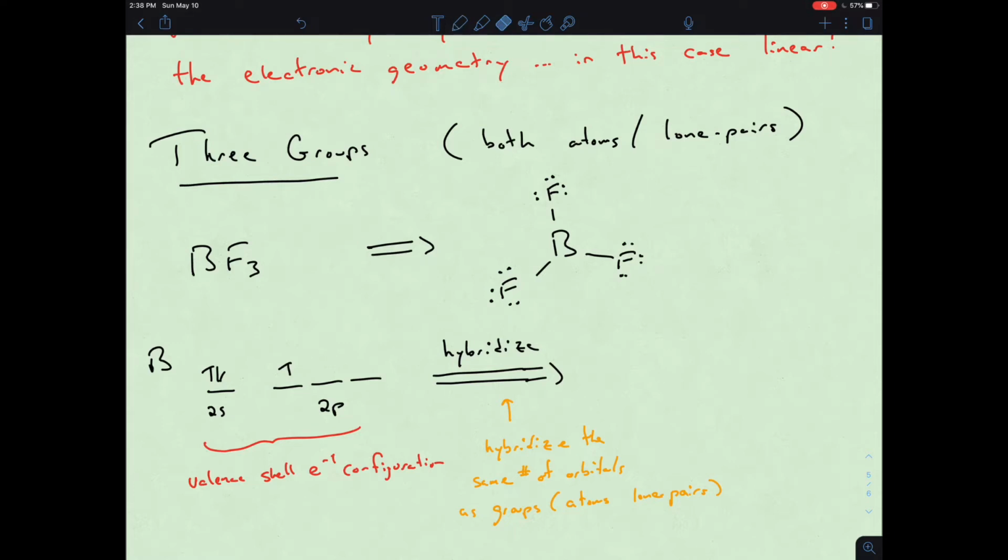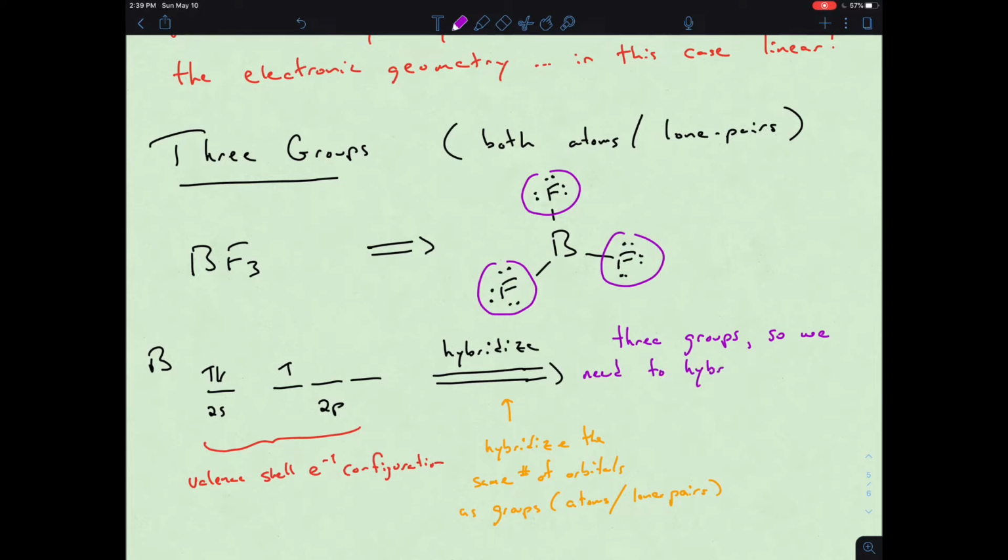So we're still following that motif, and so if we count up, right, we have 3 groups, so we need to hybridize three orbitals.